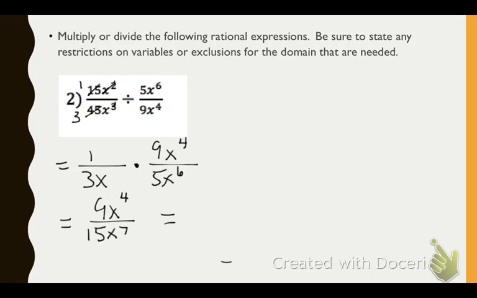Now let's divide out our numerator and denominator by 3, so we'll be left with 3/5. And then we can divide out the 4 x's in our numerator with 4 of them from our denominator, and we'll be left with 3.